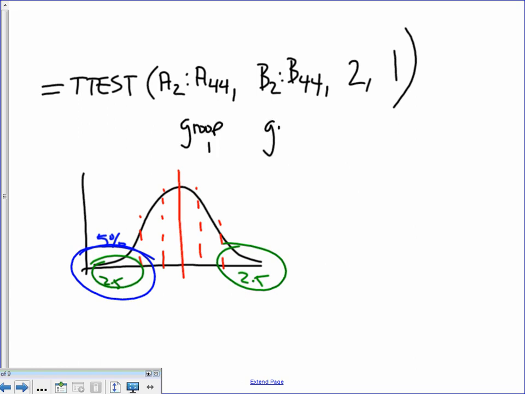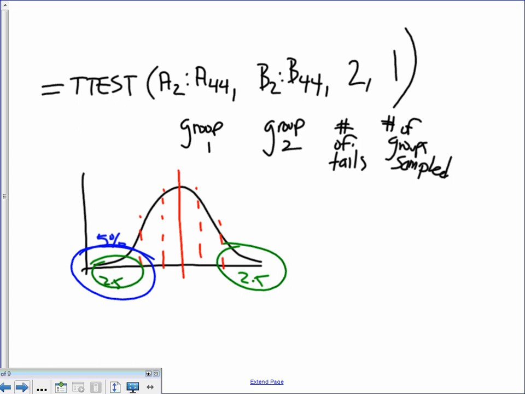You've got your group 2 data. You've got your number of tails, which is going to be 1 or 2. And then you have the number of groups sampled, I guess you could say. So that's what you put into the cell for the computer.